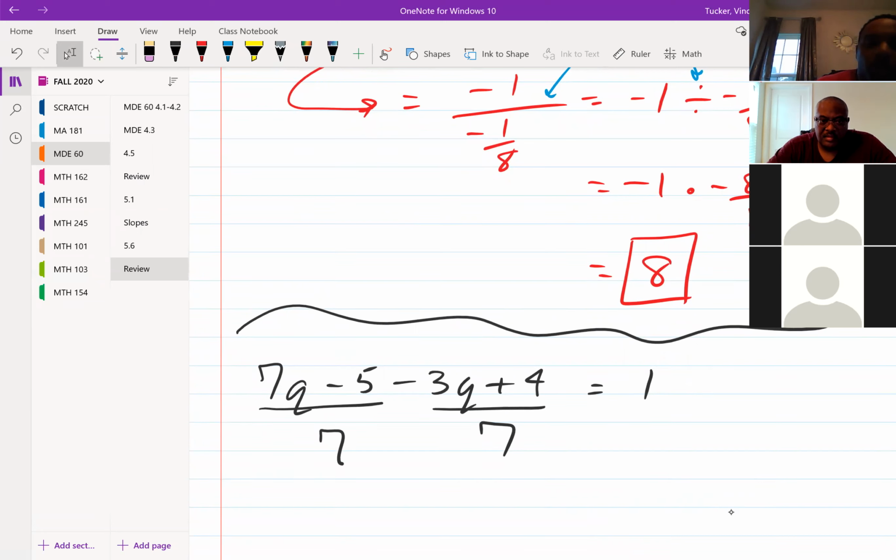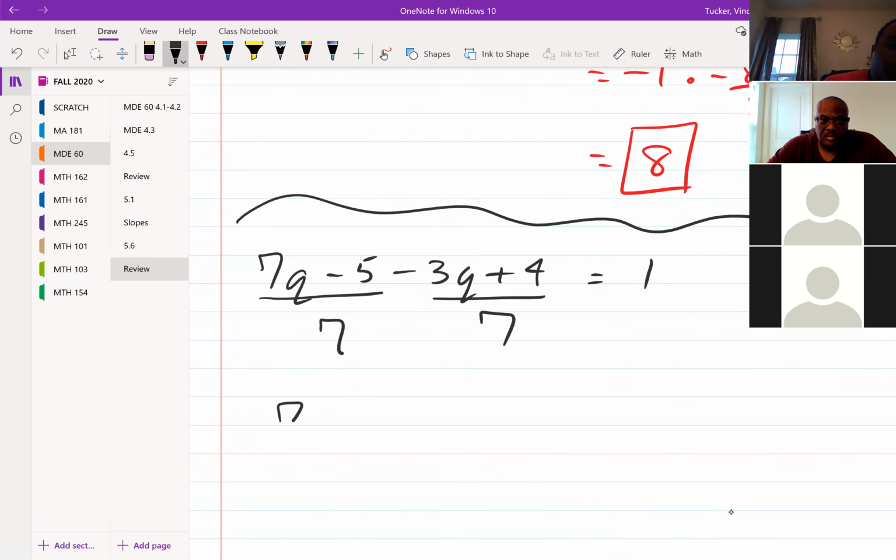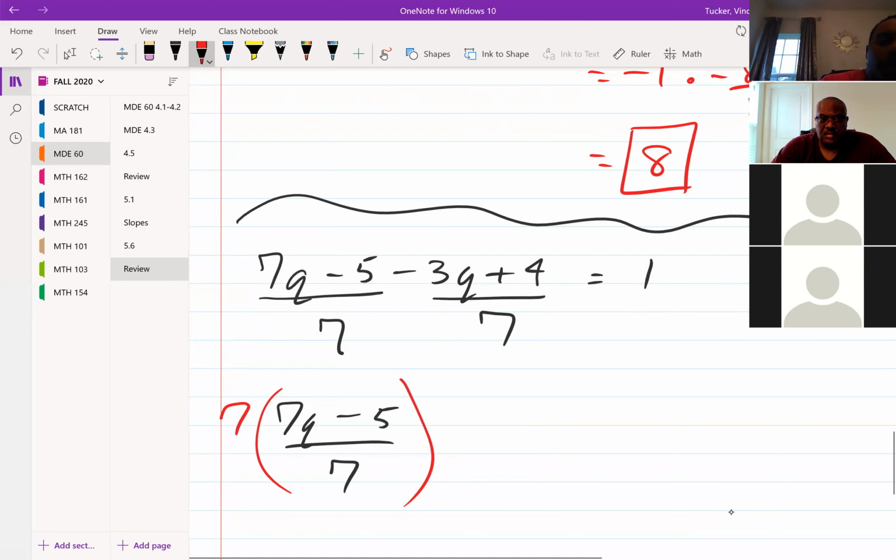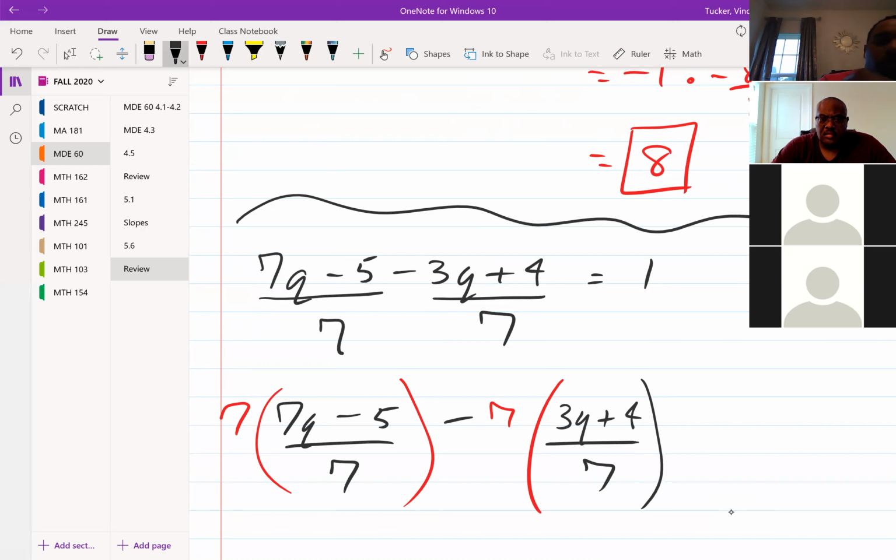All right. So if you want to get that 7 out of your denominator, there are a few key things here, so let's make sure we're good on what's going to happen. I'll rewrite it down here so I can leave that up. I want to first multiply each term by 7 so I can get rid of the denominator.